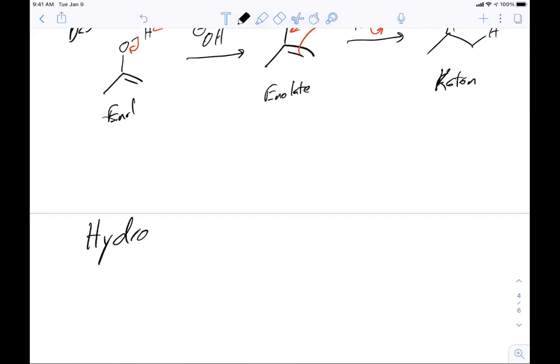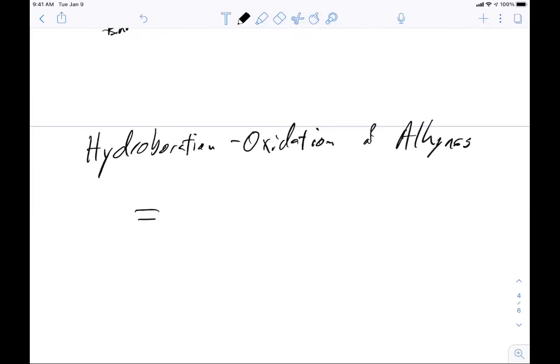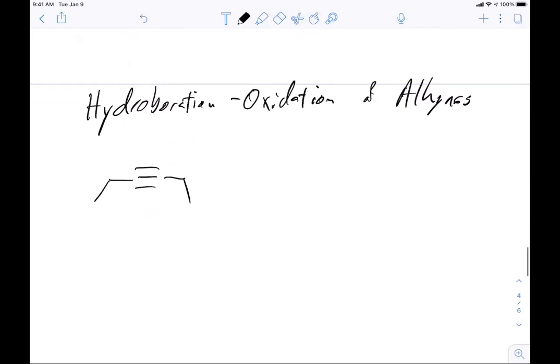So hydro. And here again, we have two different processes. So let's go ahead and show those.